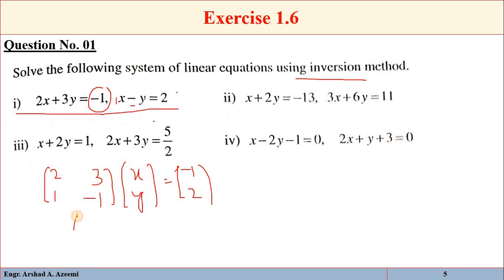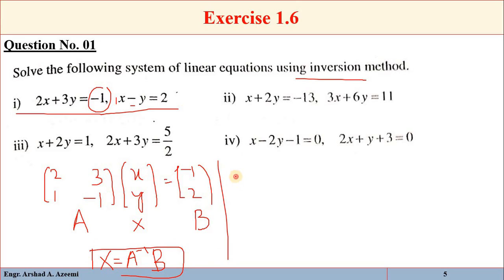Now you can see that we have matrix A, matrix X, and matrix B. We have to find X, and we know that X is equal to A inverse multiplied by matrix B. So first we have to find the A inverse matrix.